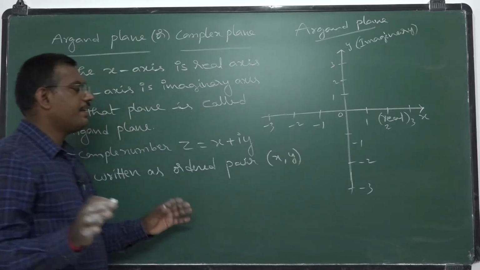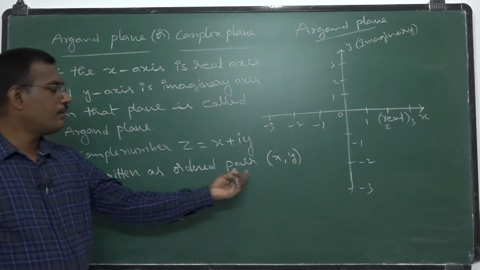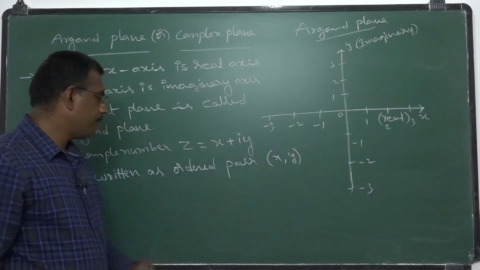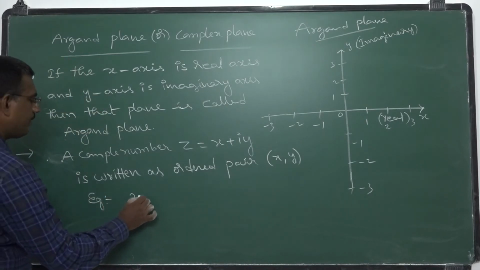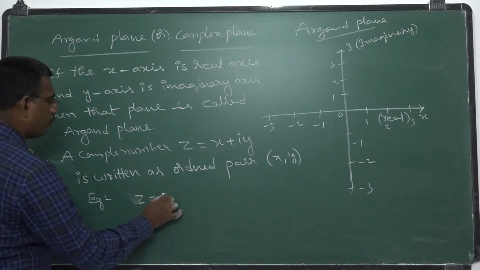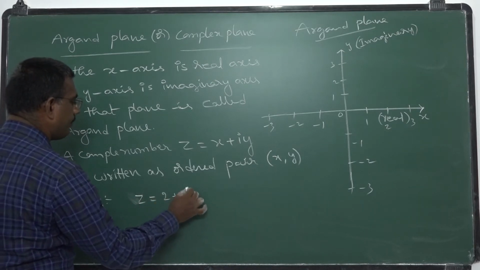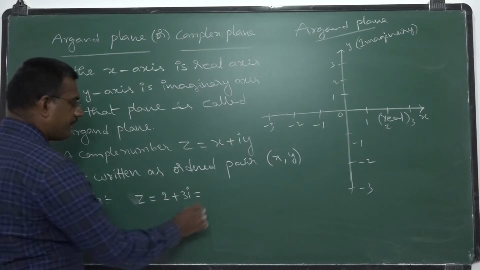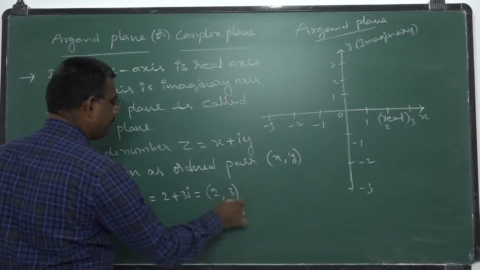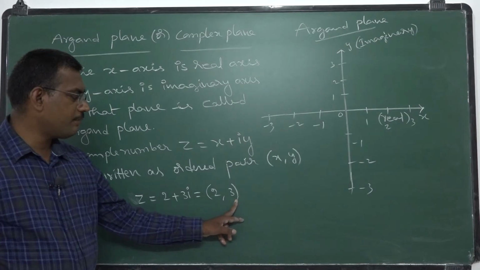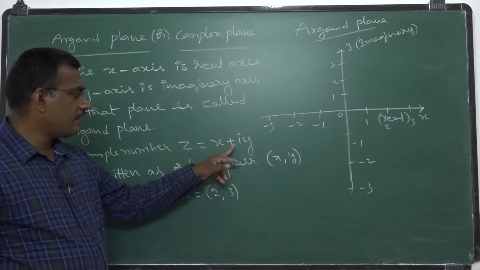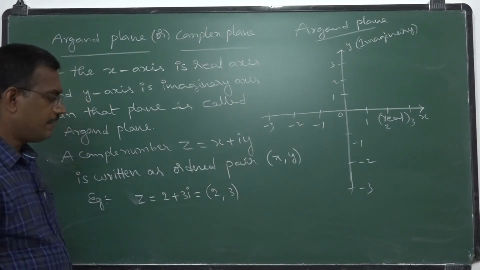So we can write any complex number in the form of an ordered pair. For example, z equal to 2 plus 3i is a complex number. It is written as the ordered pair (2, 3). So here 2 is called the real part and 3 is called the imaginary part. x is the real part and y is the imaginary part of a complex number.